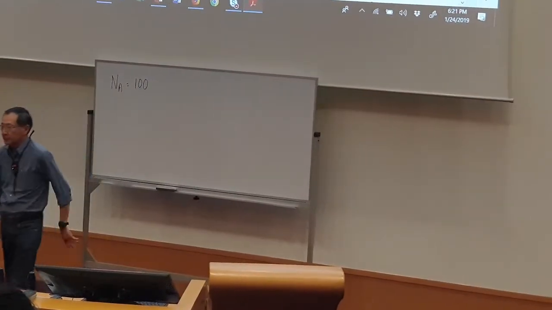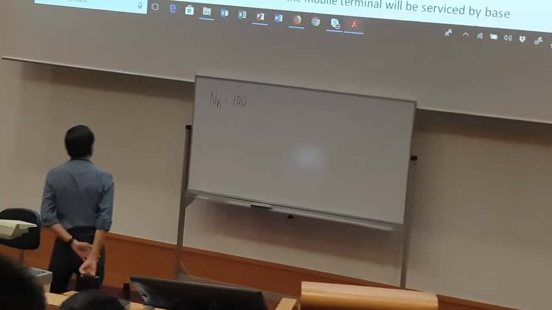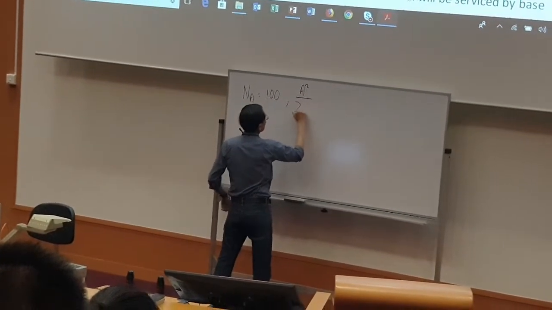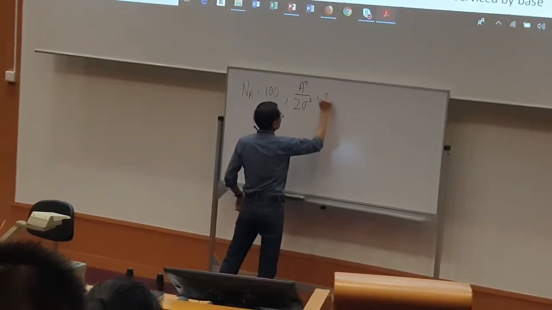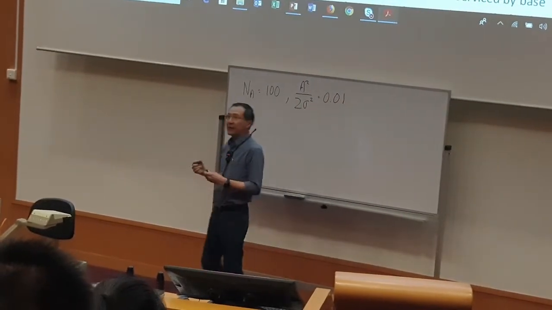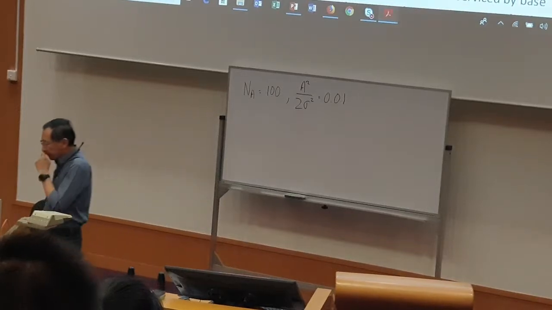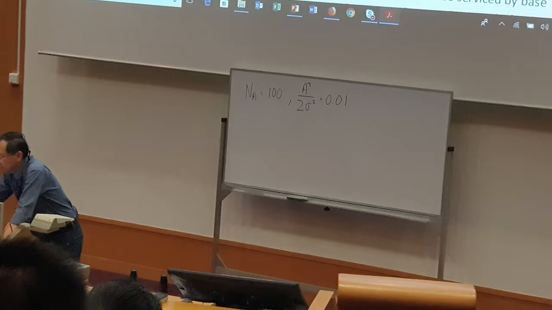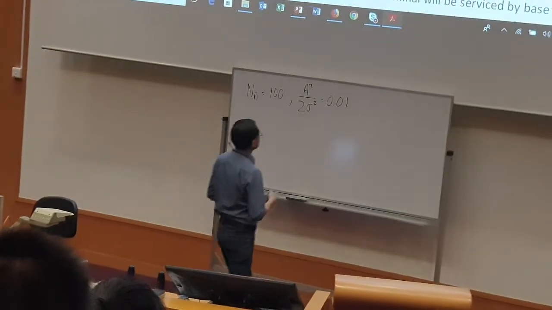And the normalized fade margin is 0.01. How fast is the vehicle traveling if the carrier frequency is 1 gigahertz?